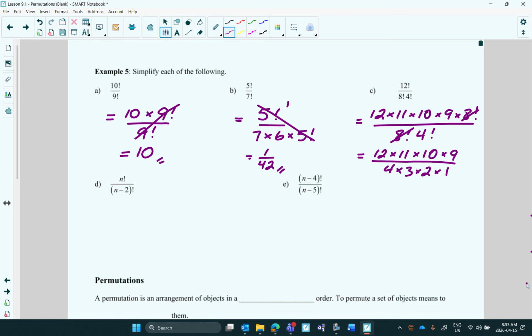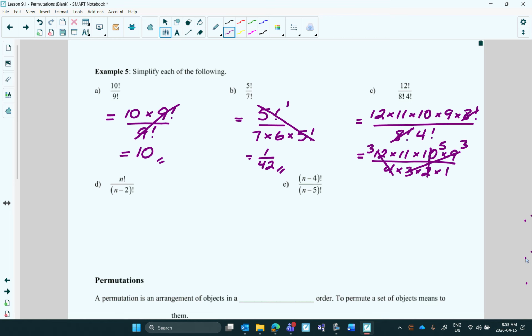I could say, okay, I'm going to take 12 and 4 and cancel that down to 3. Because 12 over 4 is 3. I could take the 9 over 3 and cancel that down to 3. I could take the 10 and 2, 10 divided by 2, and cancel that down to 5, but I'm still left with a rather big multiplication.